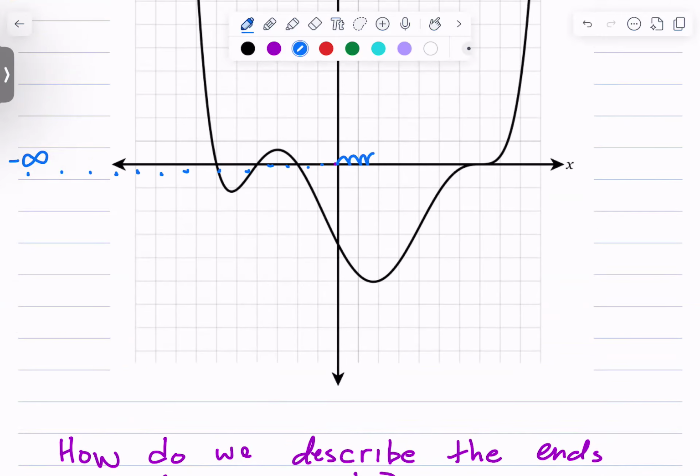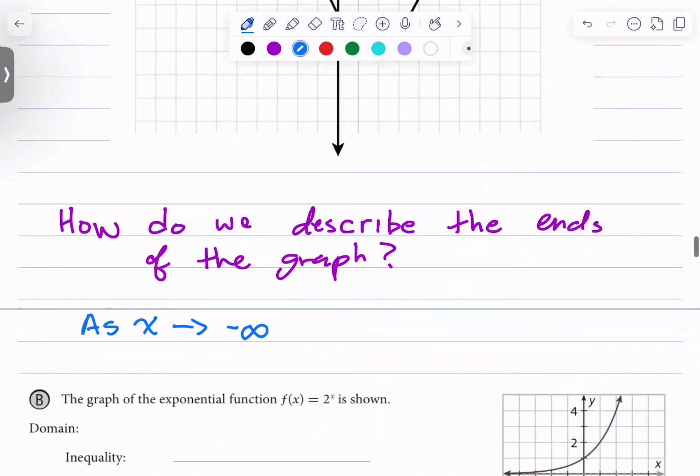I'm going this way, living my life, and I'm going all the way here. Where am I approaching? Positive infinity. So as x approaches negative infinity, or as x approaches positive infinity, where is my graph, my y value, going towards?